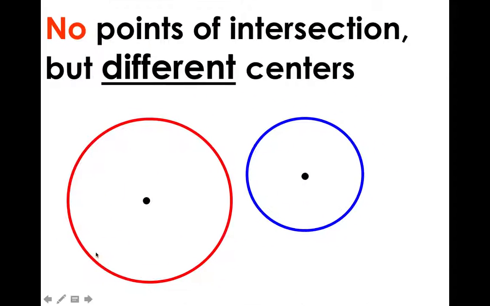And then we can have what we call no points of intersection. Sometimes the circles will have different centers, meaning you have 2 different circles, and when we say no points of intersection, those circles do not touch at all.